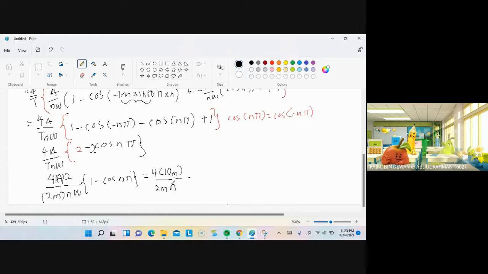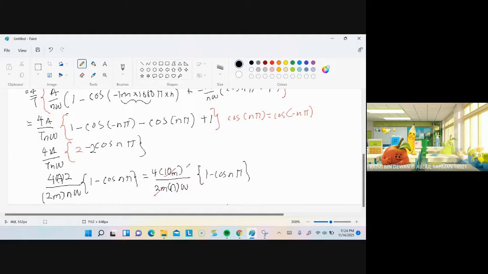N we are going to substitute one by one, like n equals 1, 2, 3, let's say question 1 until how many harmonics. So you are going to use this n to be substituted, so don't change the n here. And omega, and 1 minus cos n pi. So you see here, you can cancel out this one and this one.